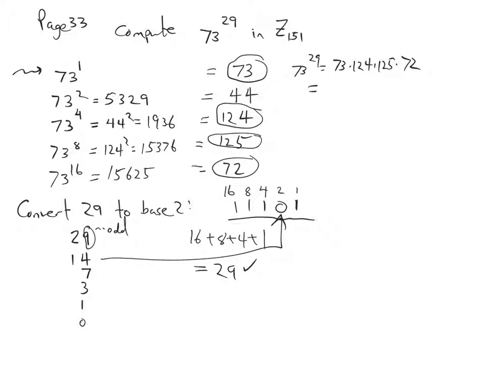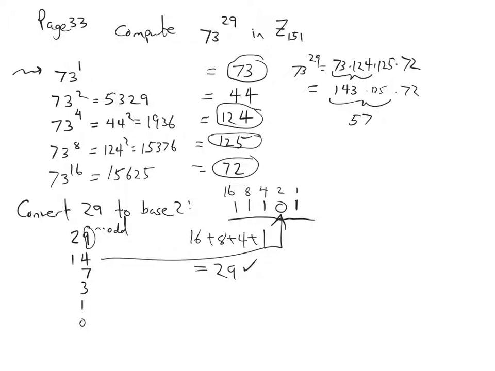We can do that laboriously. 73 times 124, divided by 151, minus 59 times 151. These two multiply together to form 143. Then I multiply 143 by the next number, 125, divide by 151, subtract 118 times 151, and 143 times 125 is 57.